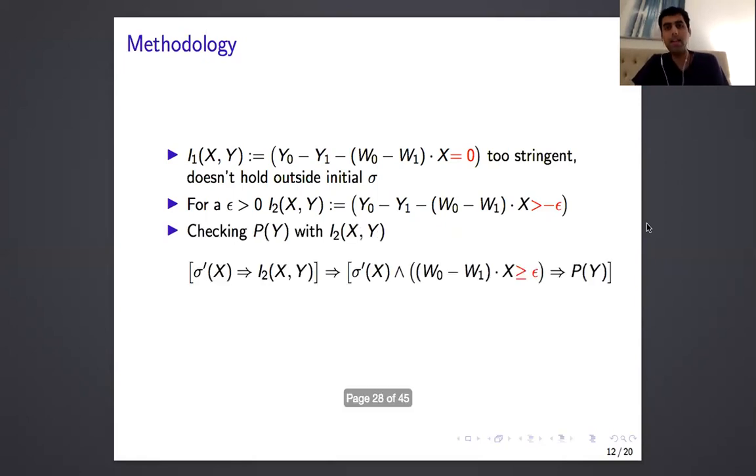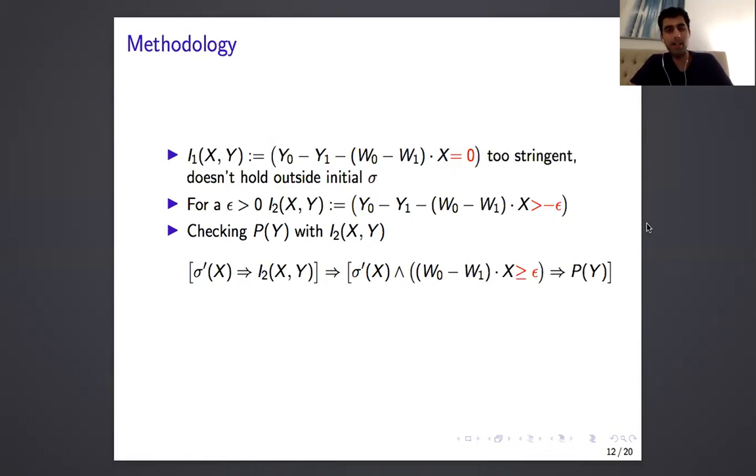So again, we can check py using this intermediate property I2xy, because if we get the relaxed activation pattern sigma prime, which implies I2, then it also means that sigma prime, when intersected with this hyperplane W0 minus W1x greater than or equal to epsilon, will imply the property py.